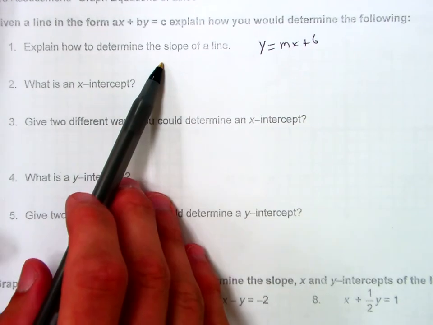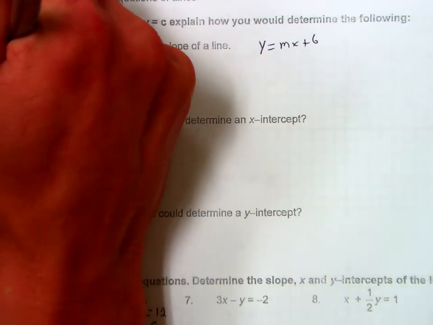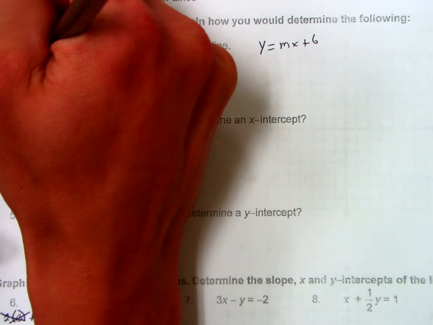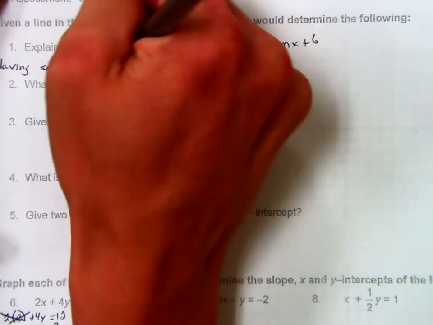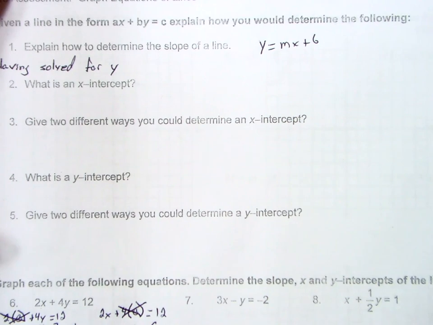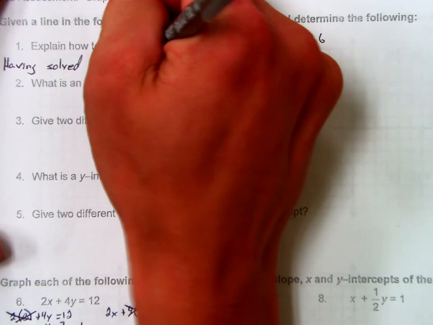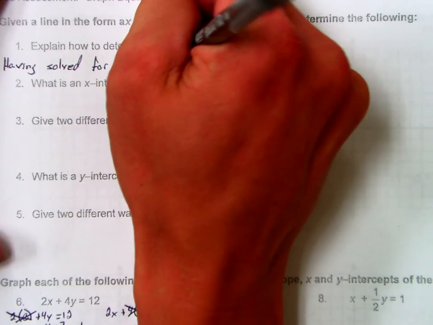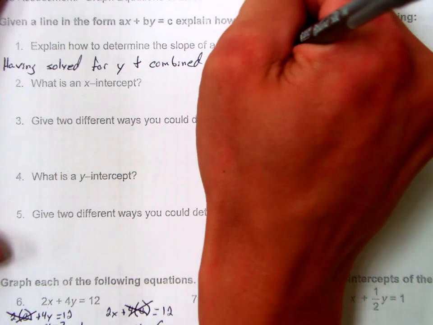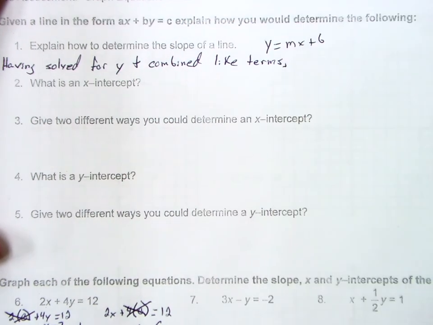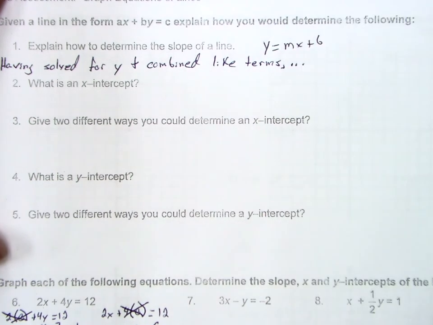Explain how to determine the slope of a line. So, maybe something like this. Having solved for y, so we got it first in y equals mx plus b form, and combined like terms, the slope is found... I'm not going to write this, put some ellipses there.